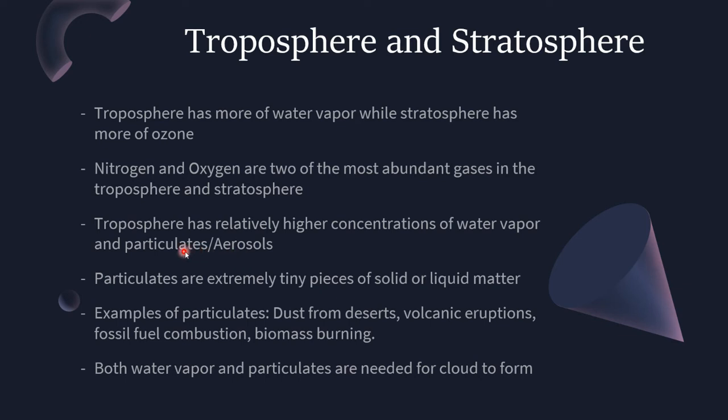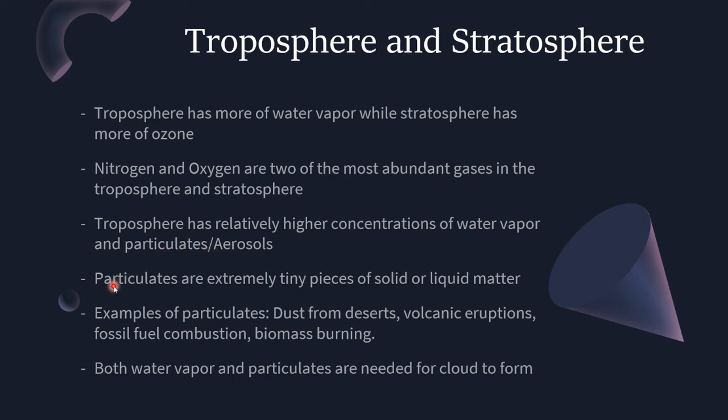So besides water vapor, you will see more particulates and more aerosols in the troposphere compared to the stratosphere, because when you burn something, it will stay close to you. And since the troposphere is the area where we live, you will be able to see more of these things in the troposphere compared to the stratosphere.